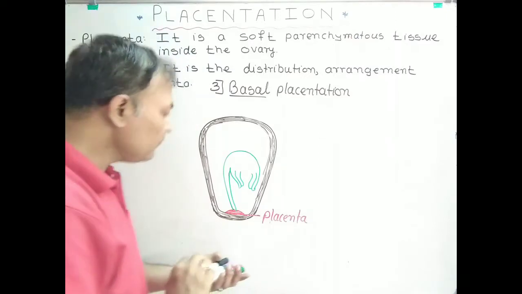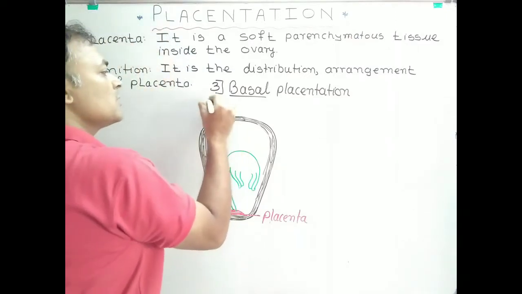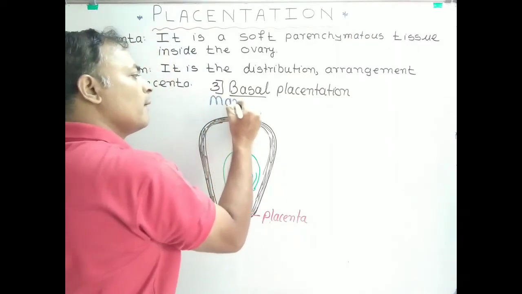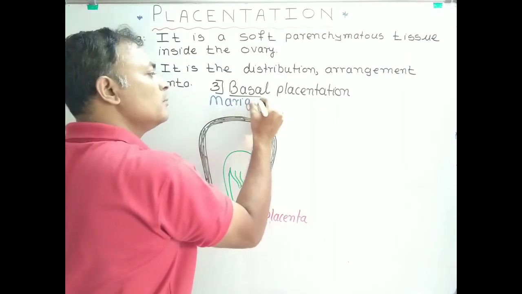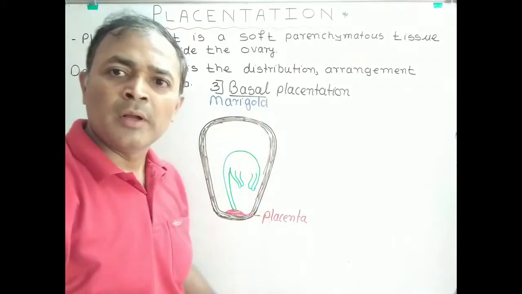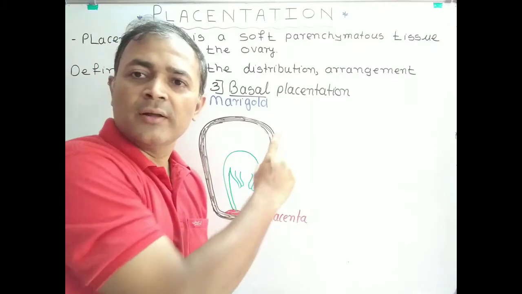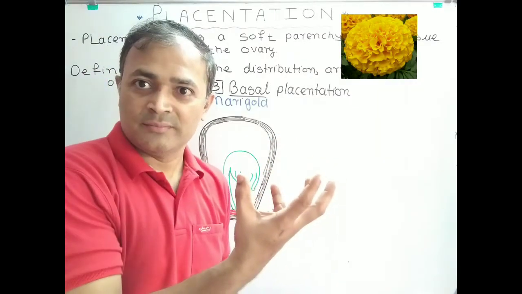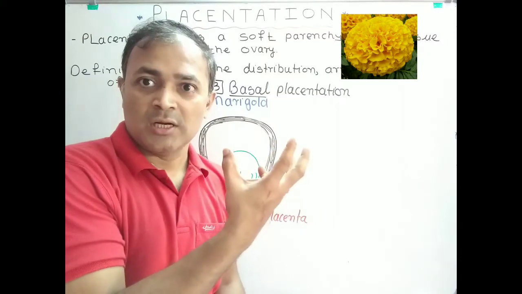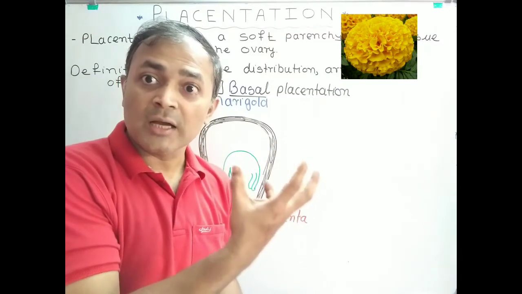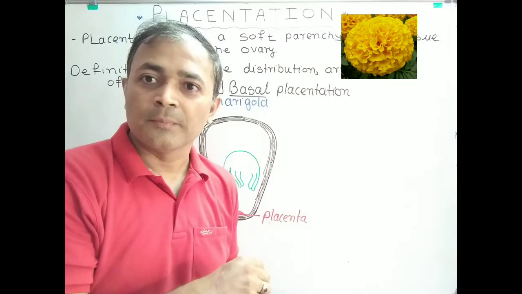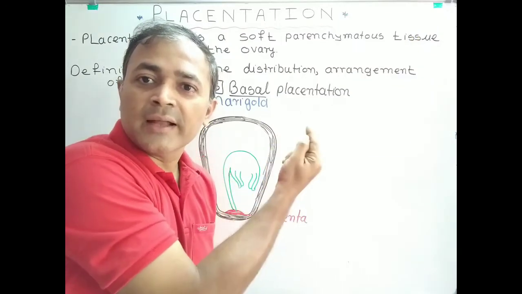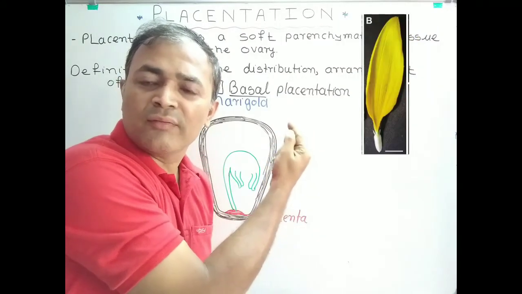An example for the same is marigold. Marigold, as you can see here, it appears like it is one flower, but it is not a single flower. It is a compound flower. Here you can see that is a single small tiny flower.